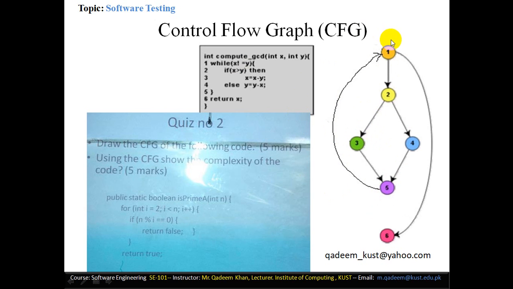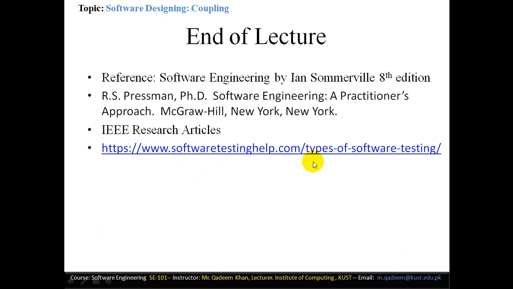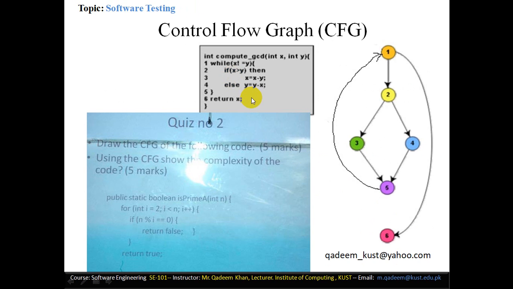And again if the loop is true, it will come down in this fashion. Immediately when the loop becomes false, the system will come to the return statement, return x. Then the GCD will be computed, and x will be the GCD of the two values. So this is the example.